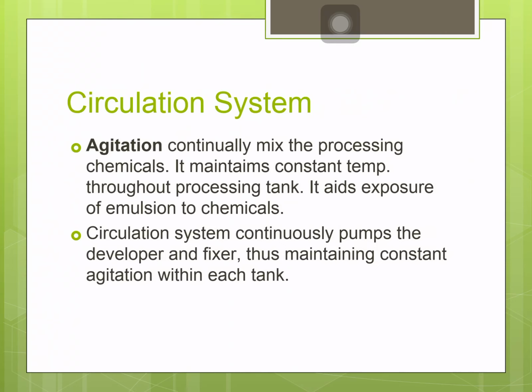So, the minimum flow rate for the wash tank in most processors is 12 liters per minute or 3 gallons per minute. So, that is our circulation system of an automatic processor.